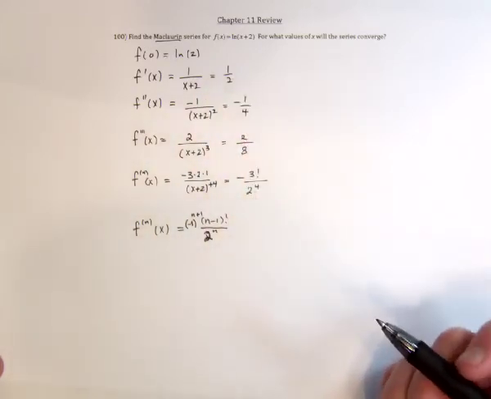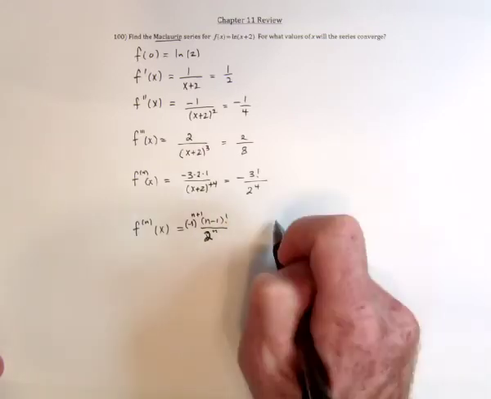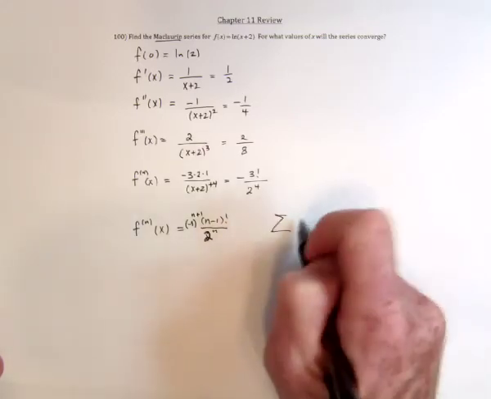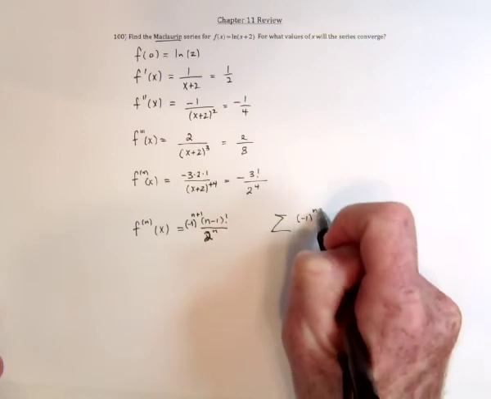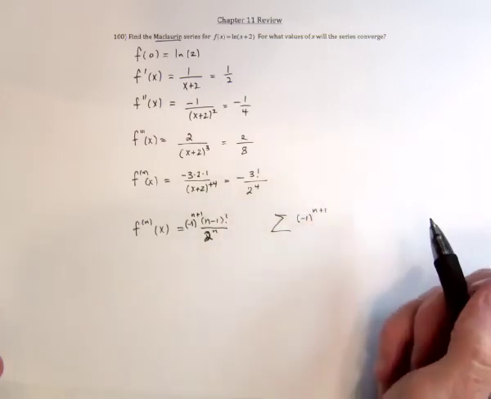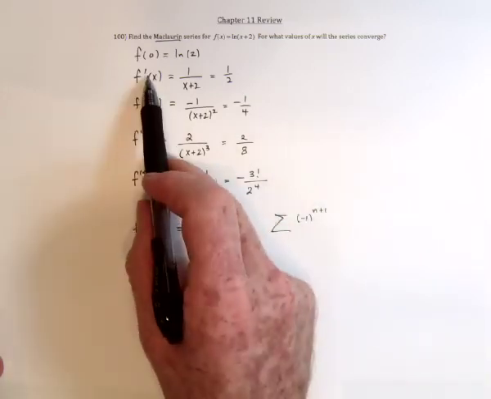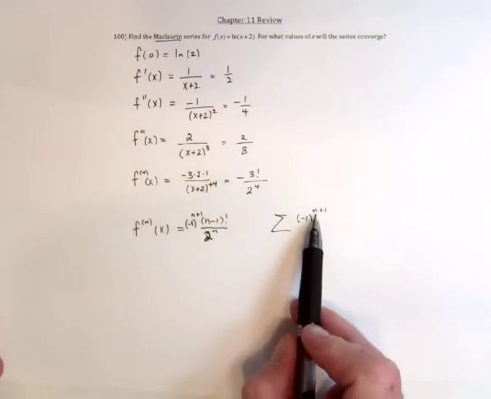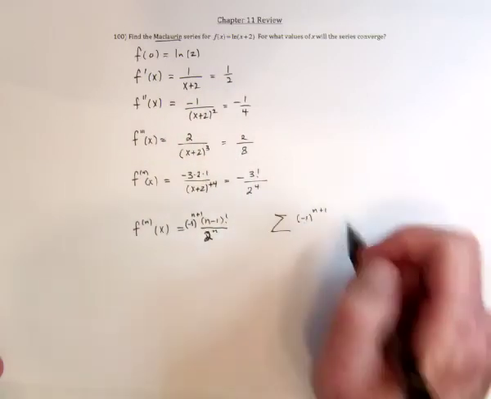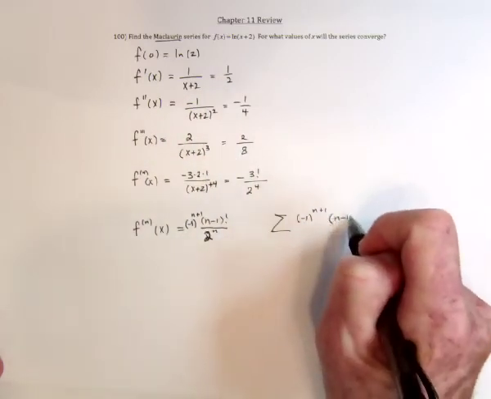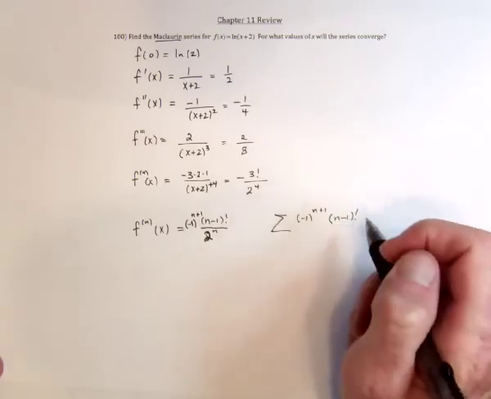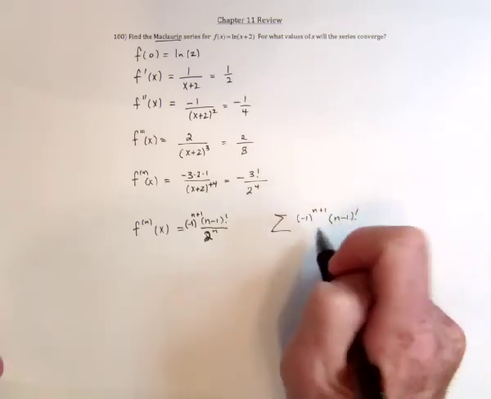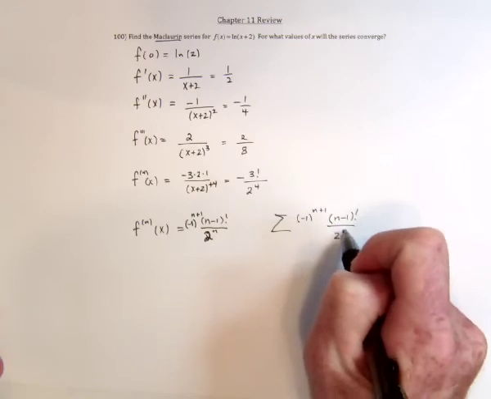Okay, so then we've got the sum, negative 1 to the n plus 1. So when I put a 1 in there, I should get a positive. Put a 1 in there, it becomes squared, so yes, that's positive. And then n minus 1 factorial over 2 to the n.